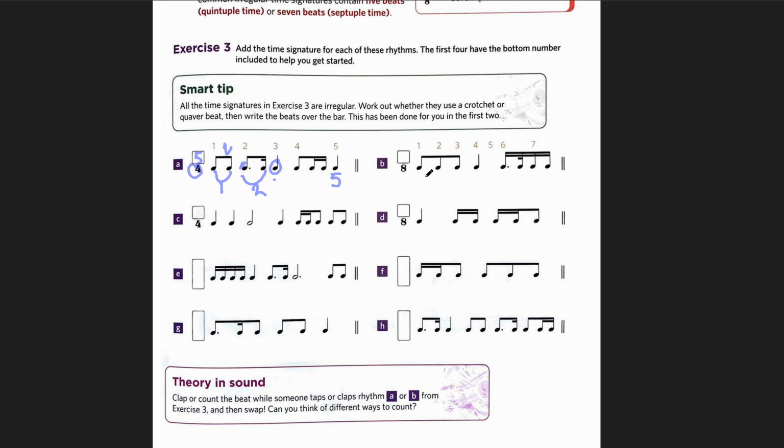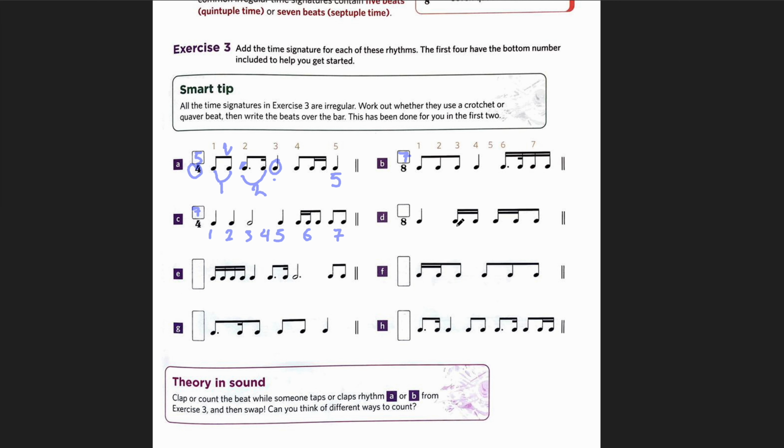And here, now we're counting in quavers. 1, 2, 3, 4, 5, 6, 7. 7/8. Again, we're counting crotchets. 1, 2, 3, 4, 5, 6, 7. 7/4.